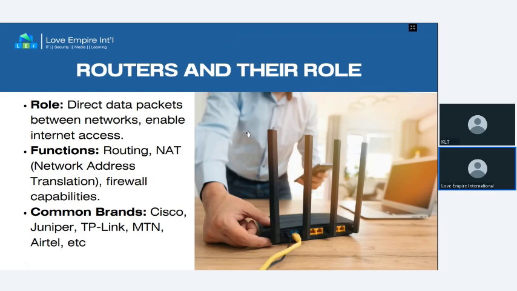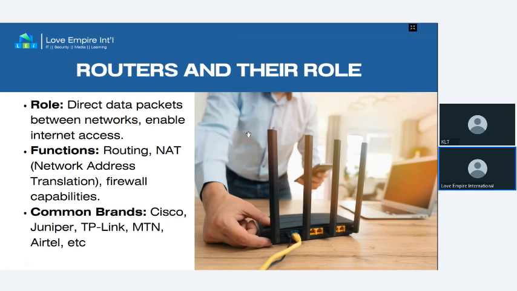Okay, so if you look at the screen, that's a picture of how a router looks. Though there are other routers that don't look like this, this is just an example of what you might see. They come in different designs and shapes. Among the companies that make routers, I think we have Huawei, then there's D-Link, and we have Cisco.